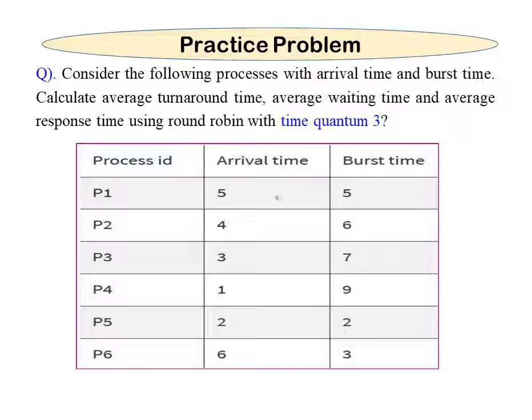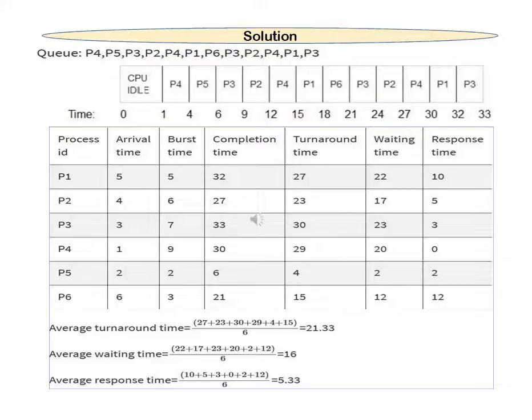Can you solve this? Please check your steps. The queue is P4, P5, P3, P2, P4, P1, P6, P3, P2, P4, P1, P3.